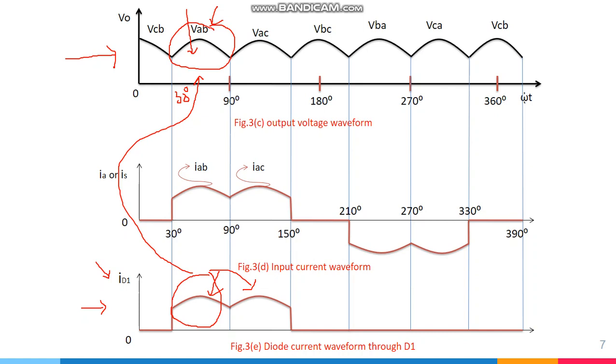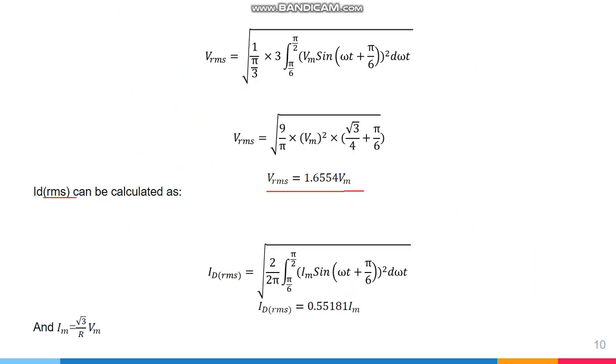Therefore we have taken the same expression. Instead of using Vm, we are using Im because I want to calculate the RMS value of the diode current. The only change is over here that it has been multiplied by 2, because we have two bumps in the current waveform from the diode, and its periodicity is 2 pi.